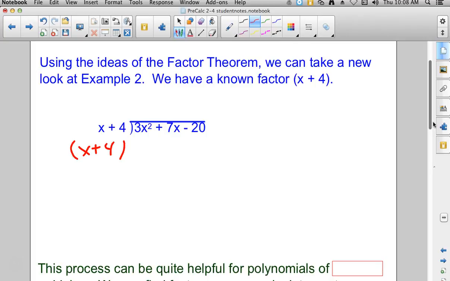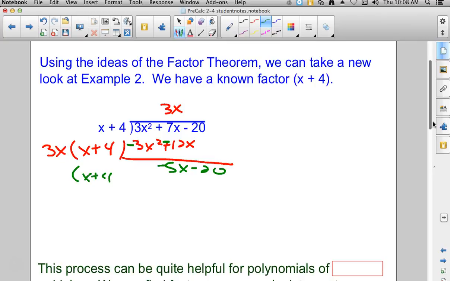I think that's a little slower than just using the cheater's method, working backwards, but we would multiply this by a 3 and an x, and that would give us 3x squared plus 12x. We know it's working. We change the signs. We start again and say, well, now I need a -5.